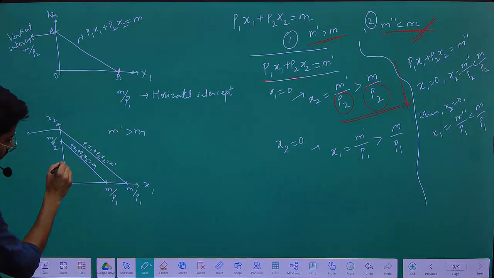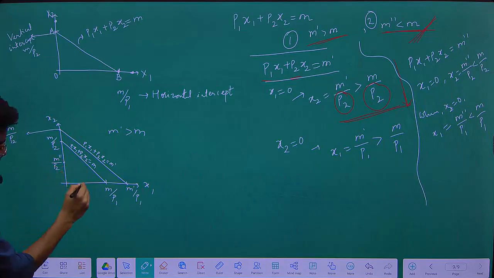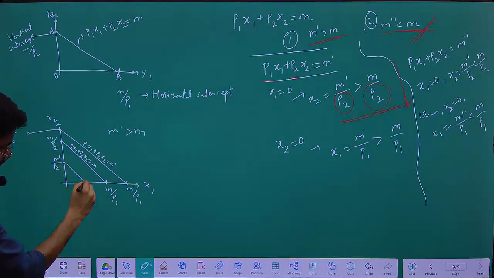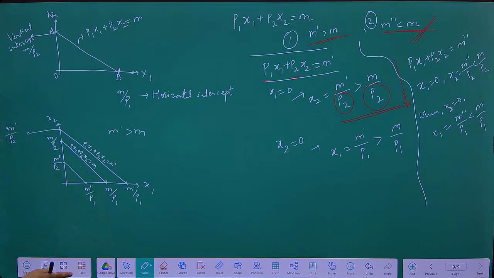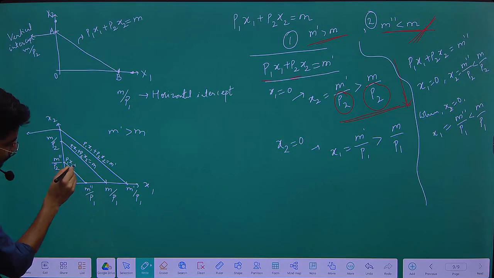Suppose this is the point, and here you have the value m double dash upon p2. Here you have the value m double dash upon p1. If you join these 2 points, you get the new budget line with the equation p1 x1 plus p2 x2 equal to m double dash.